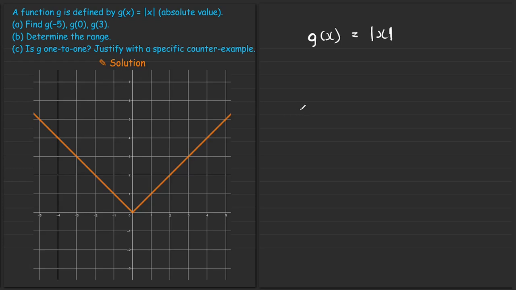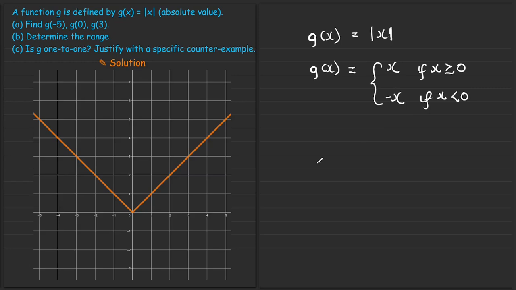So if you have g of x, this is how we usually write it: x, and then negative x. If the value of x is greater than 0, we say that our answer is x. But if the value of x is less than 0, you evaluate it as negative x.